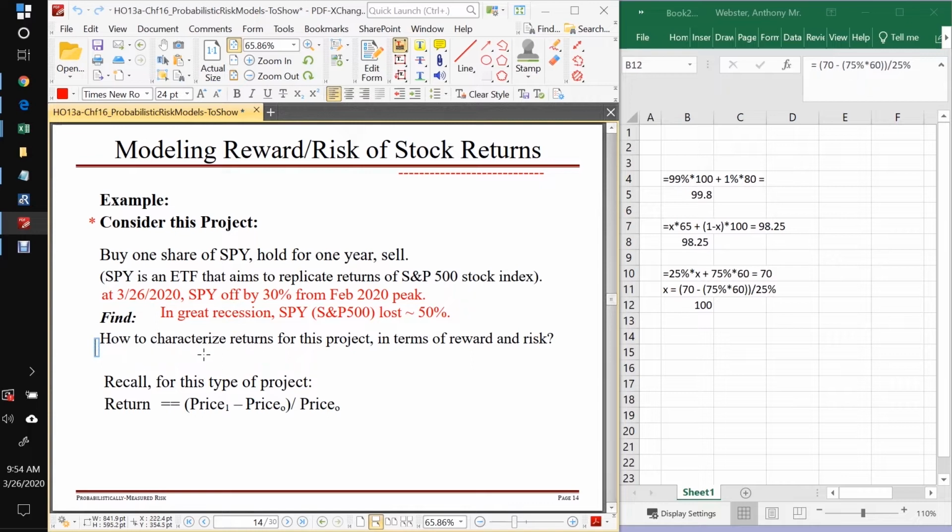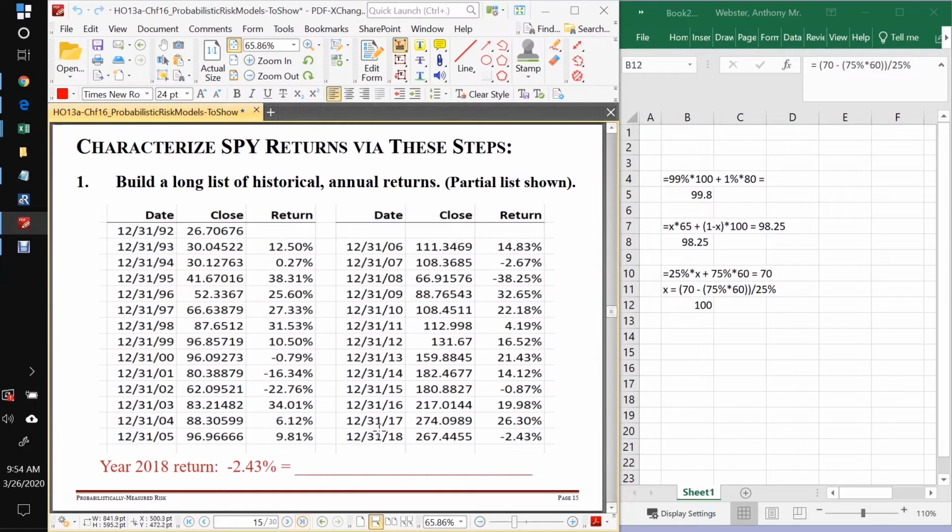In general, how are we going to characterize the returns for this project in terms of reward and risk? So remember, for a project of this type, our return is just price at end of year minus price now, divided by price now. So how could we figure this out? Well, here's a very common way to do this.